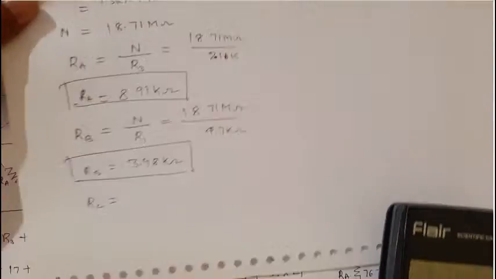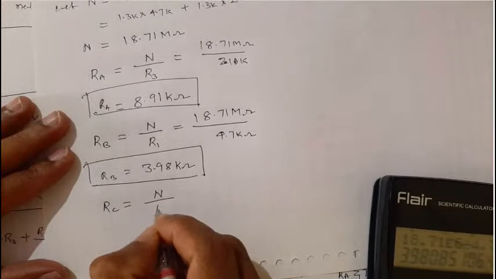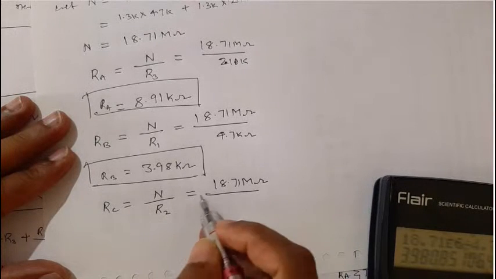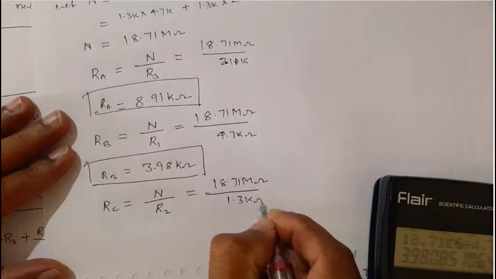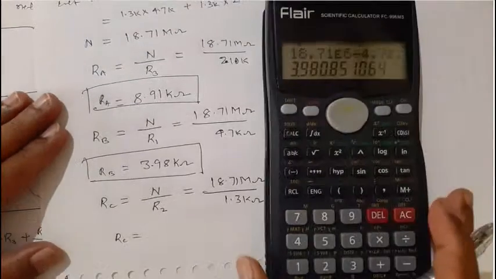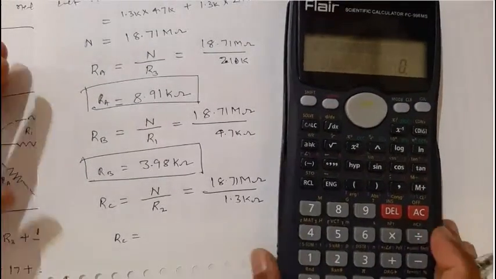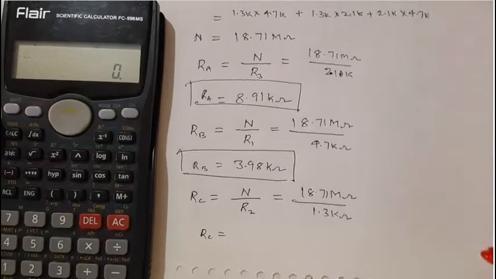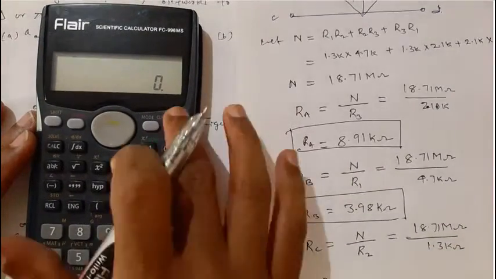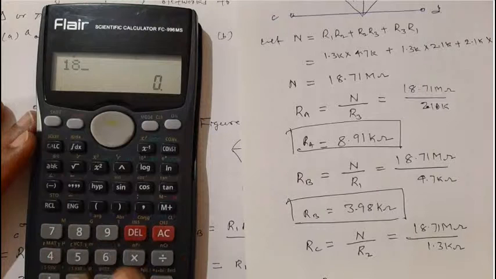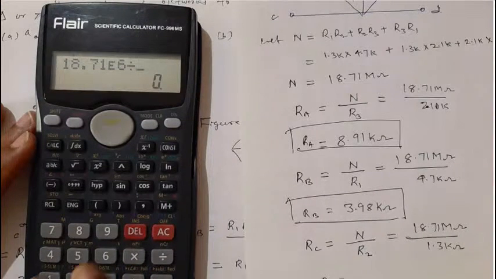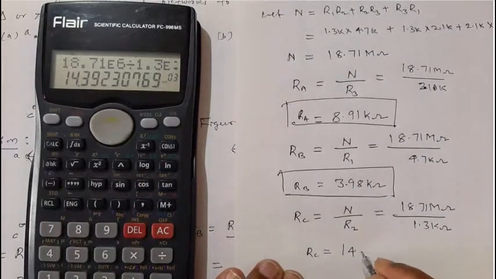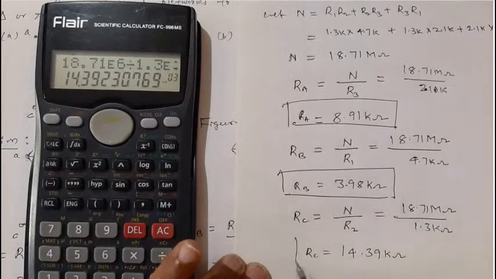That means I can write RC is equal to N by R2, which is 18.71 mega ohm divided by R2, which is 1.3 kilo ohm. 18.71 mega divided by 1.3 kilo is 14.39 kilo ohm, which is the value of RC.